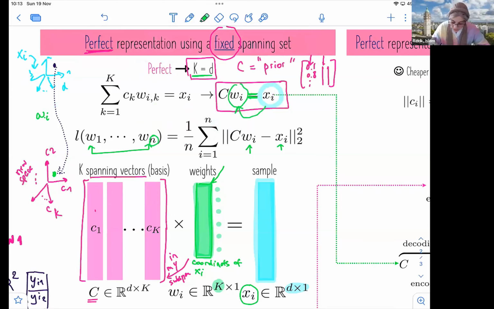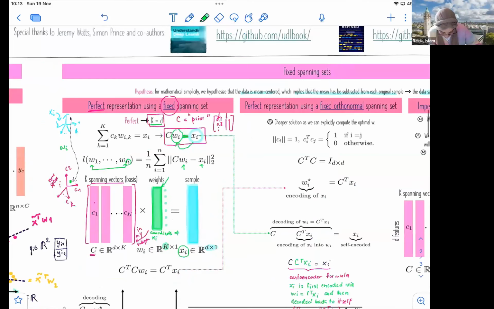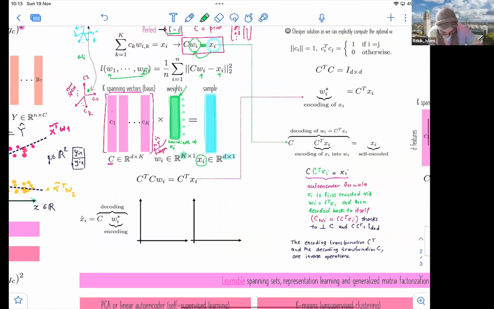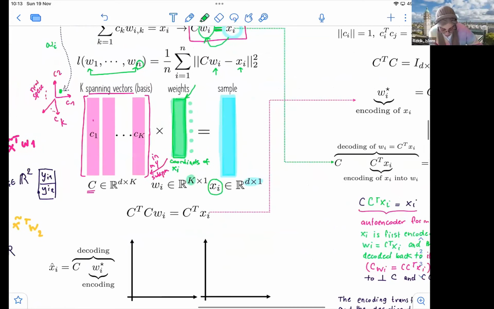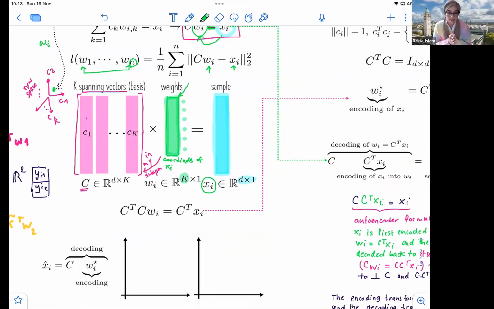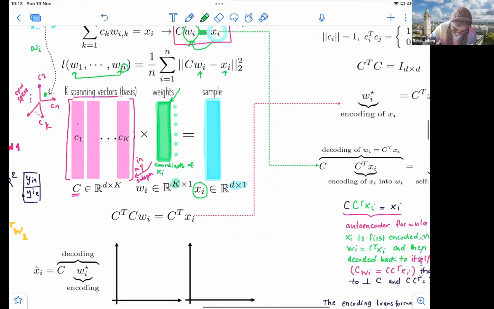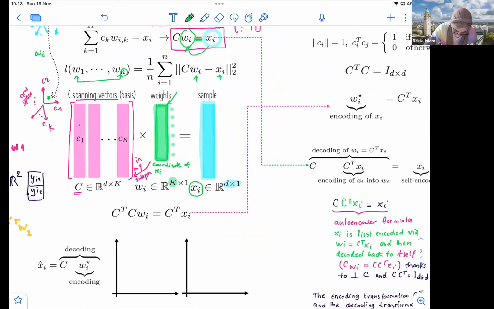Okay, cool. So now next, we just multiply simply by the C transpose trick. It's also mentioned in the lecture. If you do a simple multiplication by C transpose, you take this equation and simply left multiply by C transpose, the transpose of the basis.